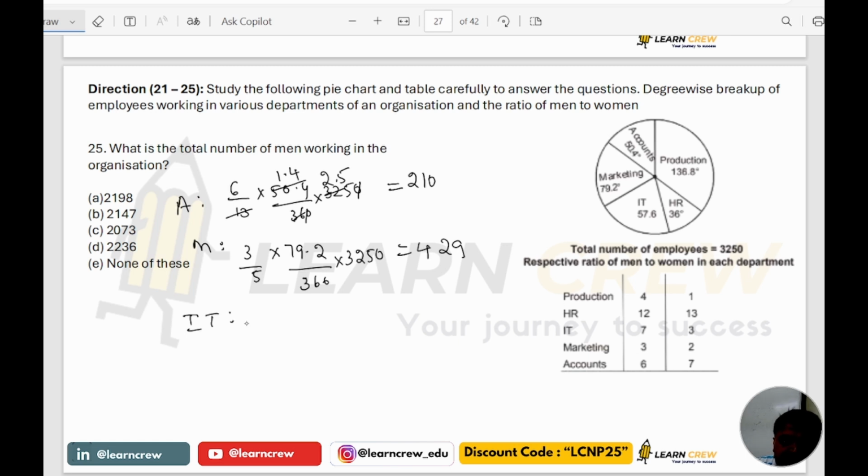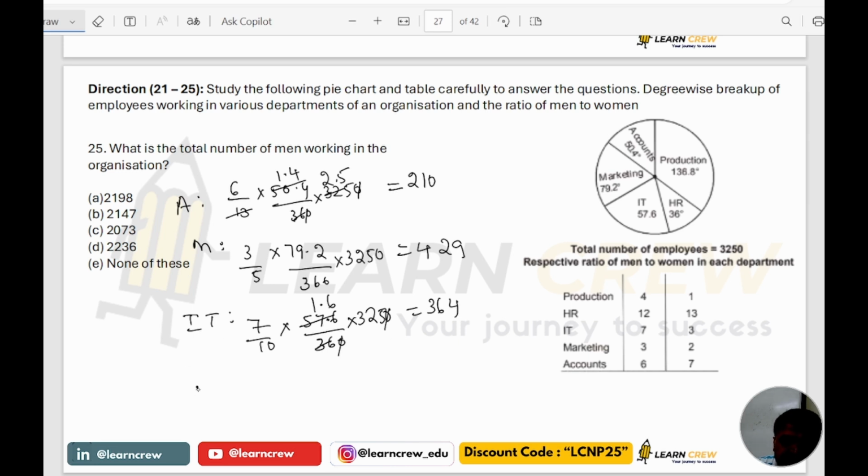IT males are 7 by 10 of the IT total, which is 57.6 out of 360. Simplify this. The zeros cancel. So 36 how many times? 1.6 times. So 32.5 into 7 into 1.6. You are going to get 364 here for IT males.